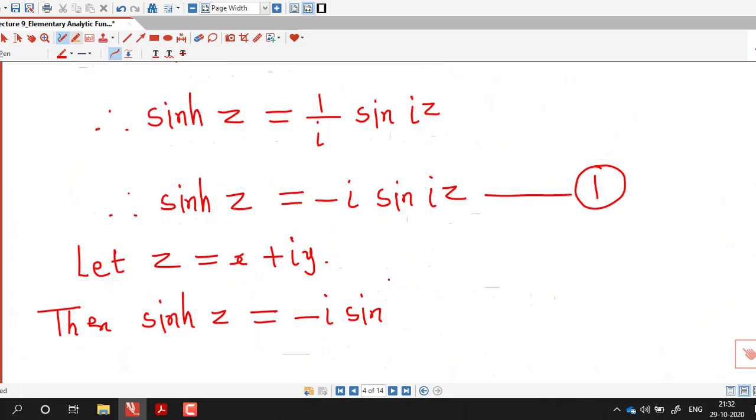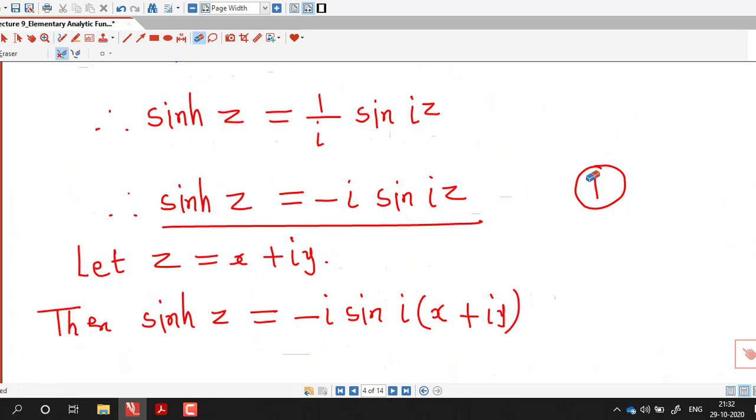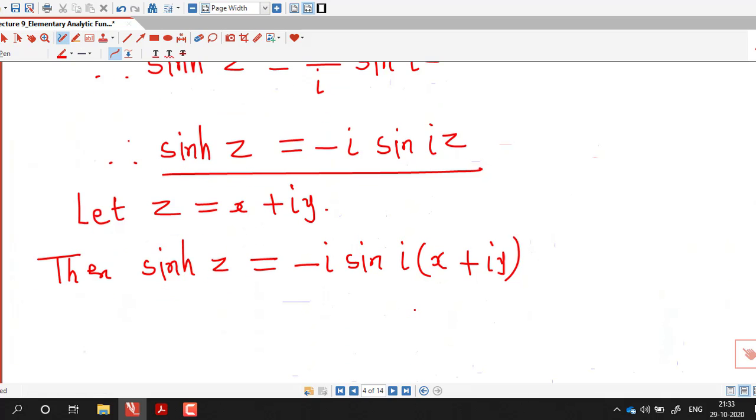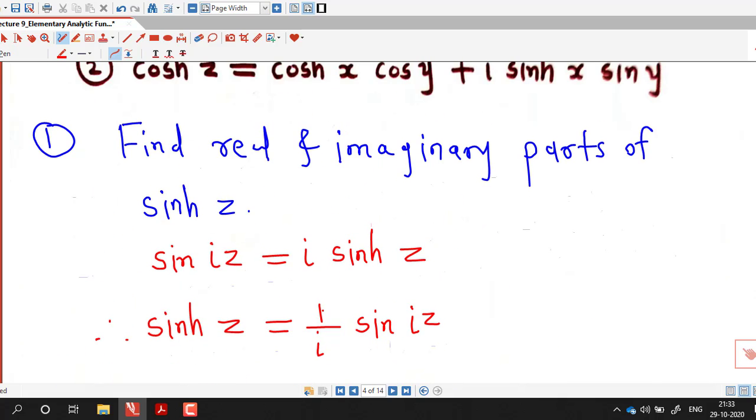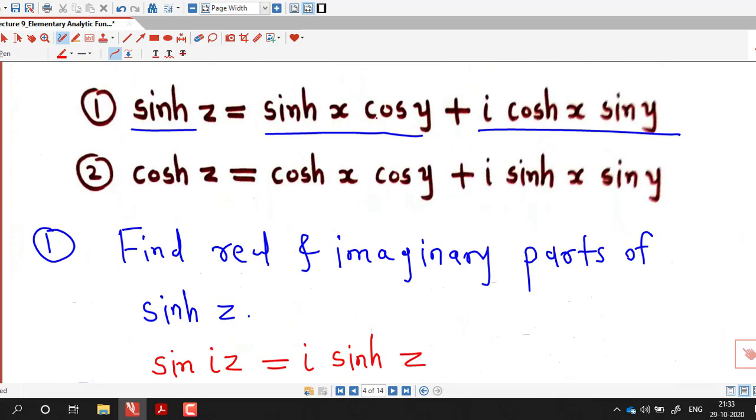So here we replace z by x plus iy, because we require our answer in terms of x and y.